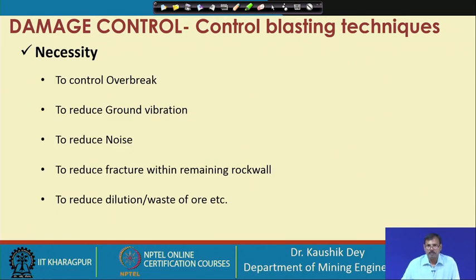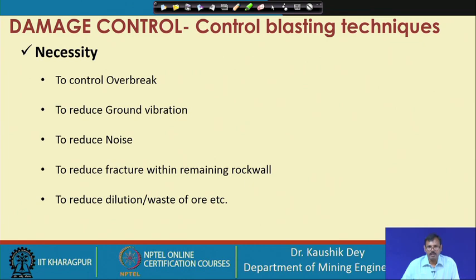But this over break, under break and the cracking of the remaining rock mass is totally unwanted. If you consider the underground excavation case, if over excavation occurs, then during the concreting of the lining, an additional quantity of concrete is required.